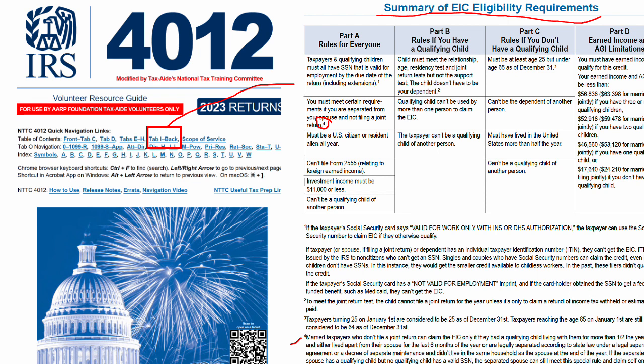Child doesn't have to be your dependent. That's number 2. Cannot file a joint return. She's not. Qualifying child can't be used by more than one person to claim it. She won't because Chris is claiming it in a household. And the taxpayer can't be a qualifying child of another person.